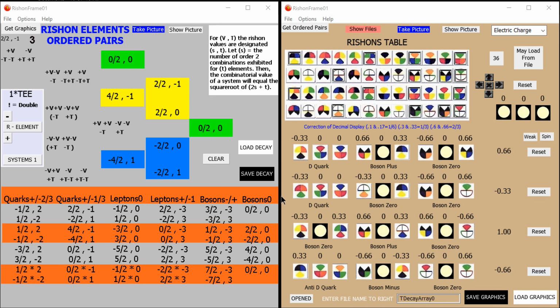Now, if we look at the emitted W particle, we will see that this pair of anti-T and T contributes 0 to the charge.